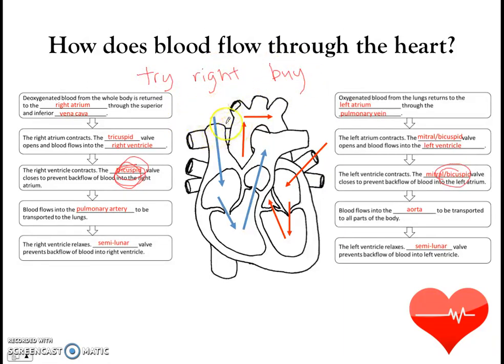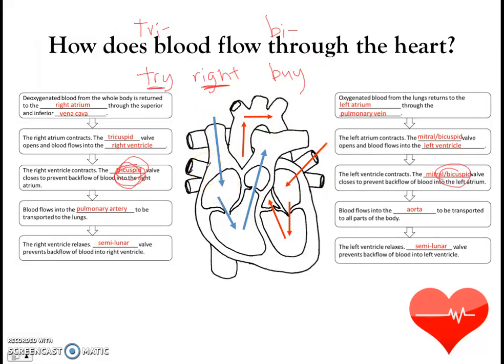So if you start with the deoxygenated blood going to the heart, the blood will pass through the tricuspid valve on the right side of the heart before it passes through the bicuspid valve. So tricuspid on the right and then bicuspid later on. So just remember: try it right before you buy it. Or the other way that people remember it is they ride the tricycle before they ride a bicycle. So it's always the tri first before the bi, if we start with deoxygenated blood entering the heart.